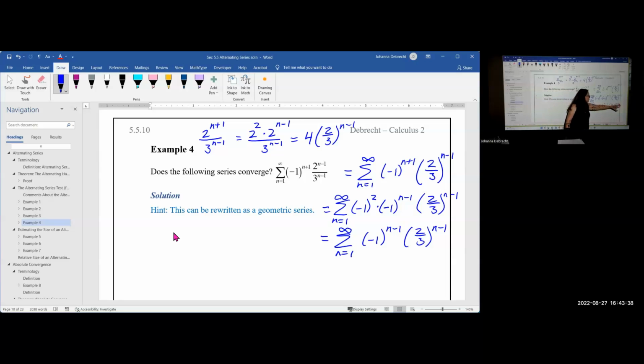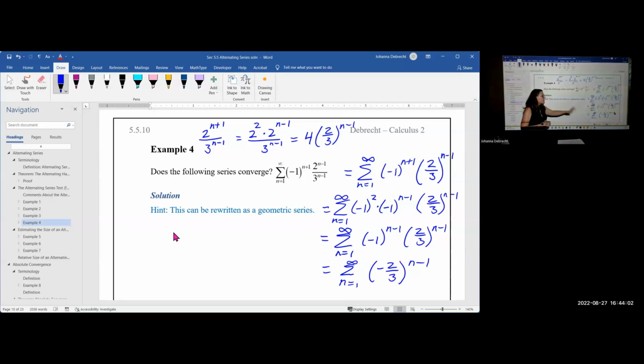They're both being raised to the n minus 1 power, and they're being multiplied. So I can put them together and raise the product to the n minus 1 power. So this gives me (-2/3) to the n minus 1.